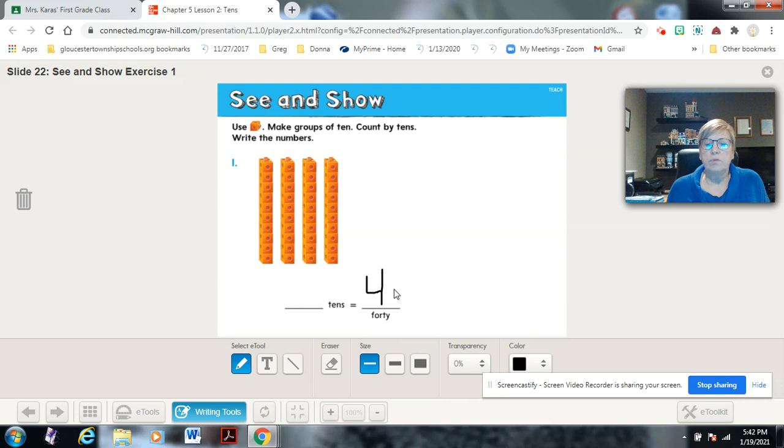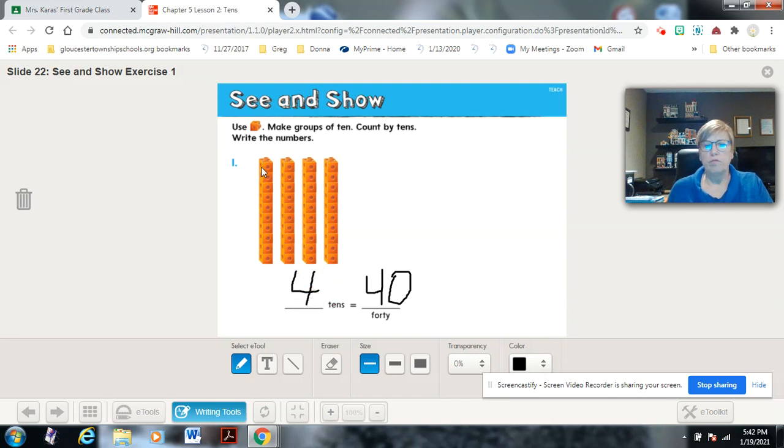But that's the first thing they're asking, is how many groups of 10s do we have? Now we're not going to count by 10 because they're saying how many groups. There's 1 group, 2 groups, 3 groups, 4. There are 4 10s that equal 40.